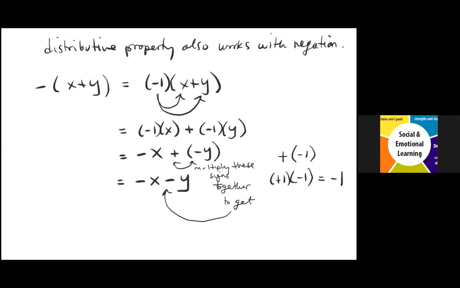Because we don't want to have to write all these extra brackets if we don't need to. Saying plus negative y is a lot more tedious than writing minus y.